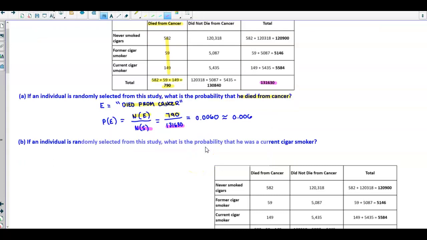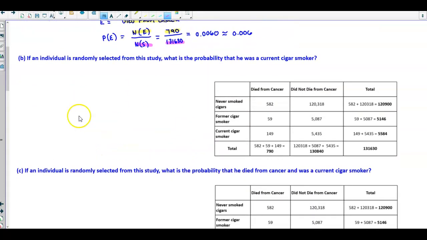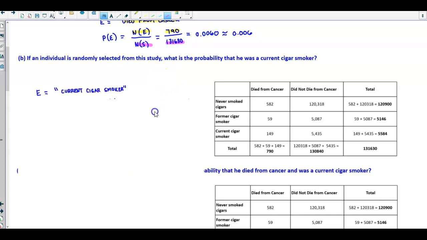Okay, next. In part B, it says, if an individual is randomly selected from this study, what is the probability that he was a current cigar smoker? Okay, so the event is a current cigar smoker. So we want to find the probability of the current cigar smoker. So we've got to find the number of outcomes where we see a current cigar smoker.